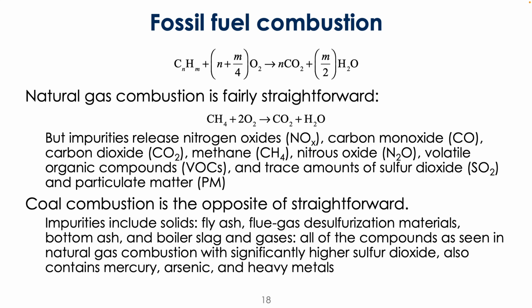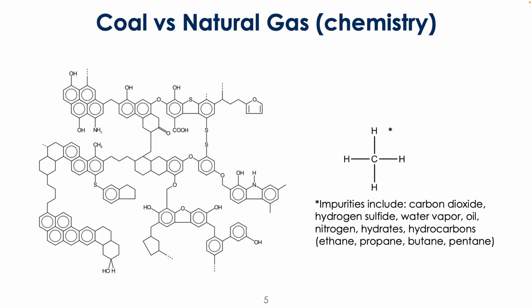Coal combustion is like the complete opposite, right, of being straightforward. So if you recall that crazy coal molecule, where is it? Yeah, this guy over here, right? You're combusting something that is a lot more complicated in structure and may have a lot more impurities, right?